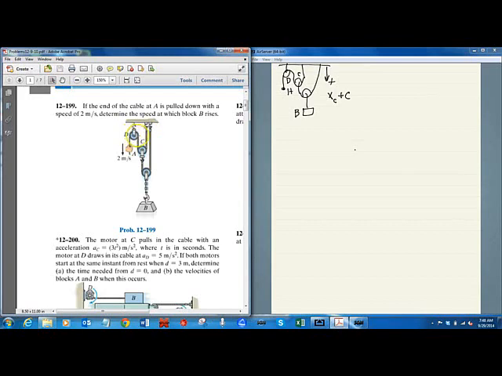The distance between here and here is constant. So it's the position of C minus a constant. Is that right? Okay, so I'm going to write that down: plus the position of C minus a constant.